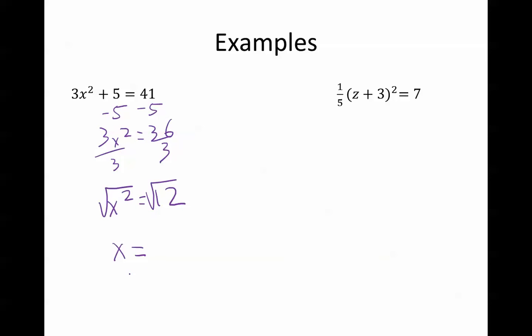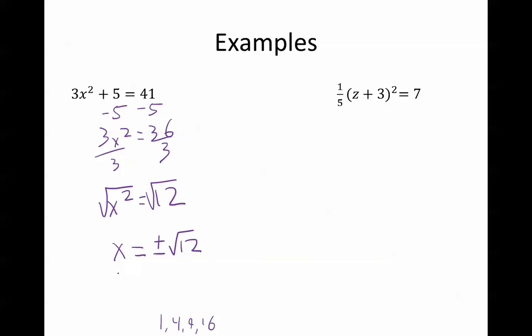Now, the funny thing here is when we do this square root, we need to make sure that we add 2 answers, because it could be positive or it could be negative. So this is plus or minus the square root of 12. And I better make sure that I can reduce this or not. 1, 4, 9, 16. Do any of these square numbers divide evenly into 12?